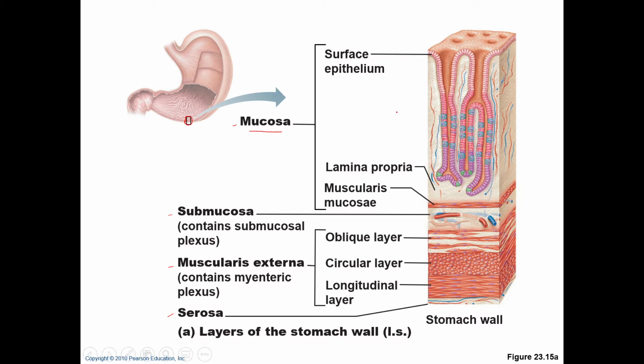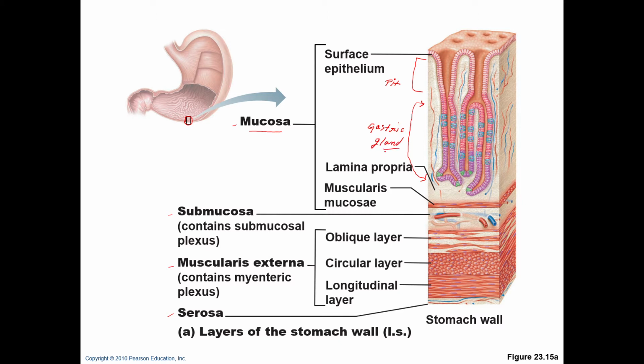In the mucosa of the stomach, you have the gastric glands, and gastric glands are here, this part of the mucosa, and this part is called the gastric pit, the opening, and this is the gastric gland.